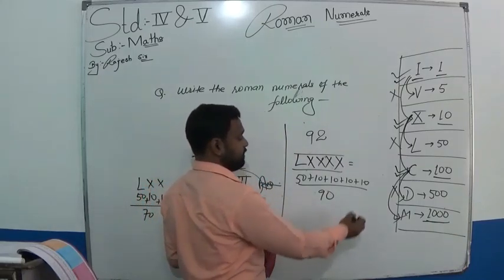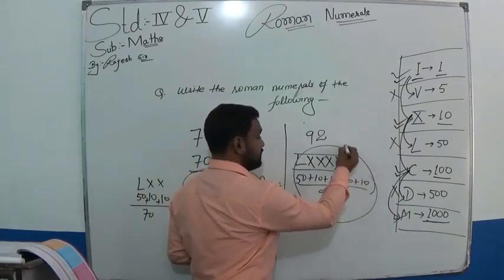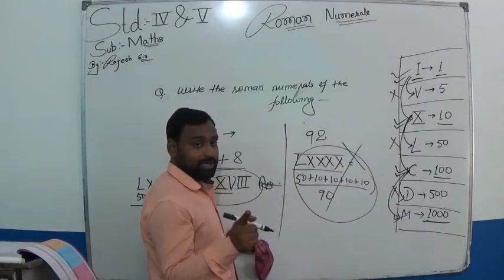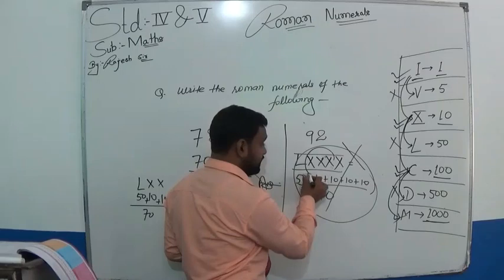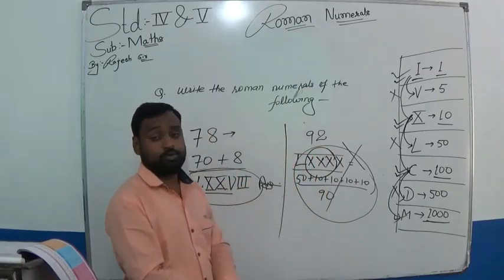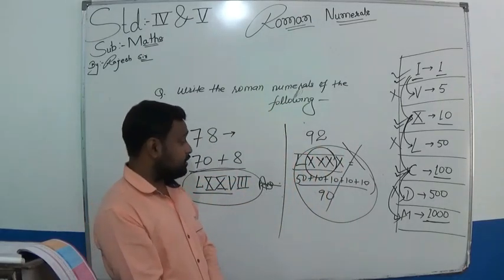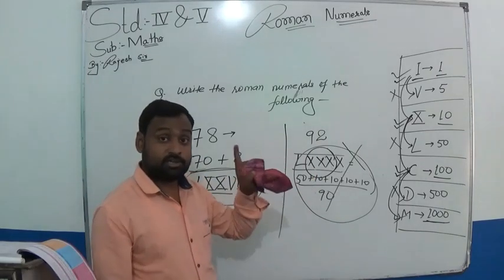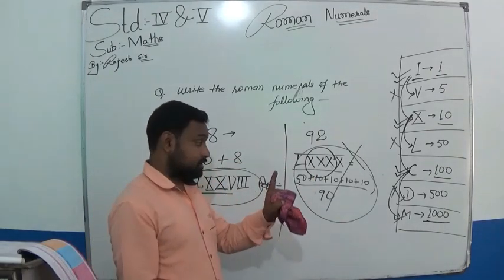No, it is totally wrong, because we can't repeat any Roman numeral more than 3 times.